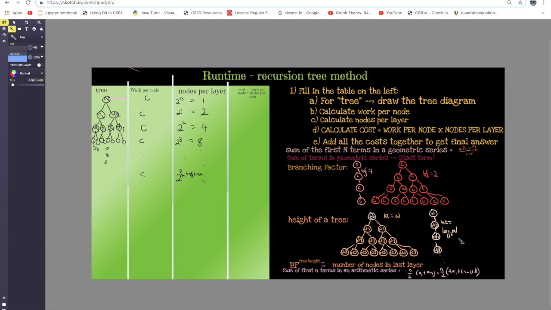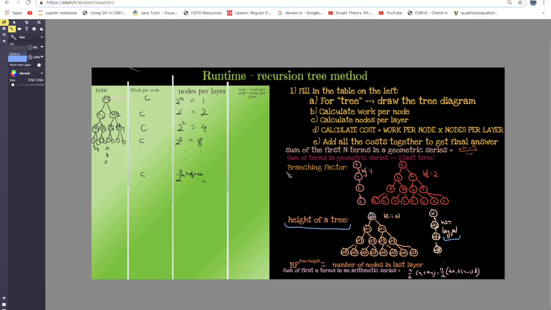And it's a very common pattern when you divide n by 2, or your input by 2. You get the height of the tree as log base 2 of n. Okay, so that's our height of the tree. That's a really important concept, and these are the 2 most common occurrences you'll be seeing in 61a, 61b, I think cs172, but yeah.